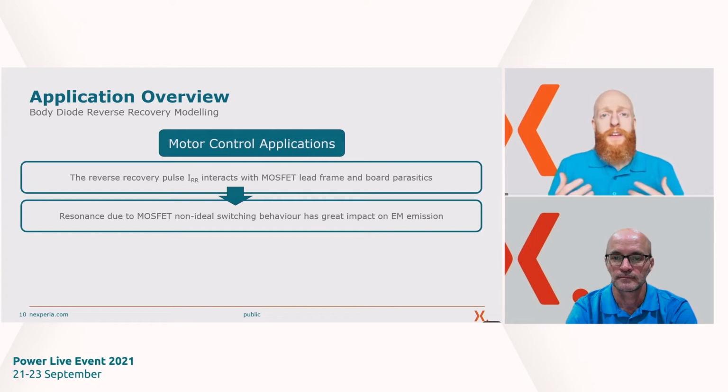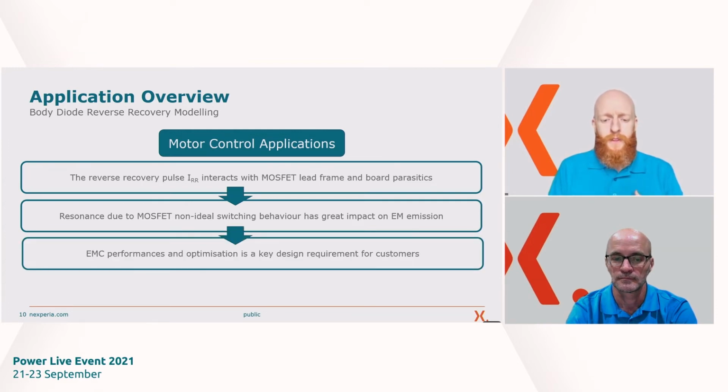So we're forming an inductive capacitive tank or resonance circuit in our application just from the parasitics. It's unavoidable, but you want to be able to simulate these behaviors to try and predict the EMI behavior. And as I said, trying to get a handle on EMI or EMC as early as possible is critical for a successful design.